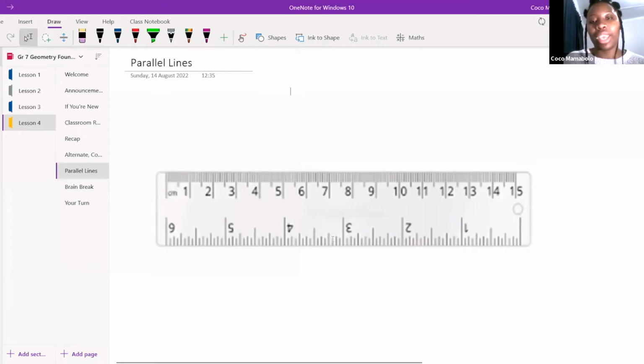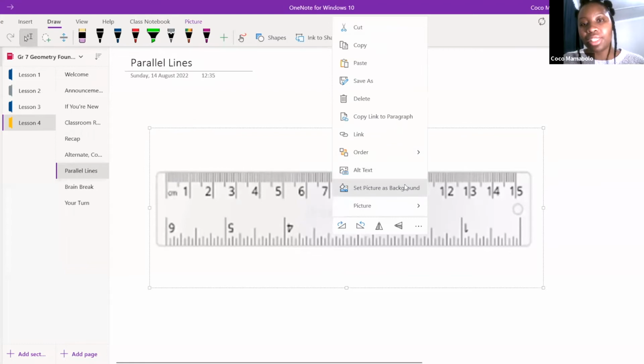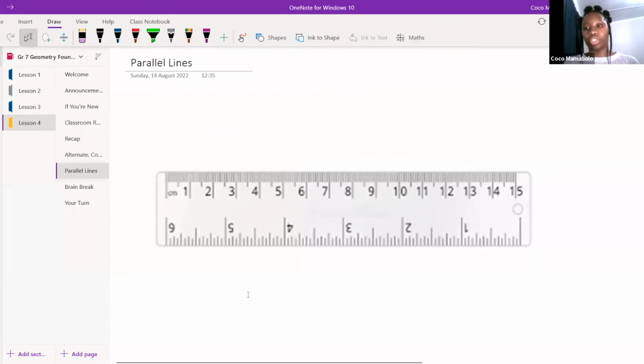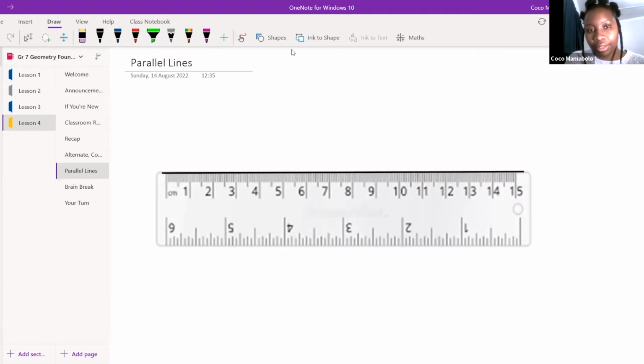Okay, so I hope everybody's got what I've asked them to. Now, here's what we're going to do. I want you to take your ruler and put it down anywhere on your piece of paper, and don't move it. Hold it down. Then take your pen or pencil and draw a straight line on the top like that.